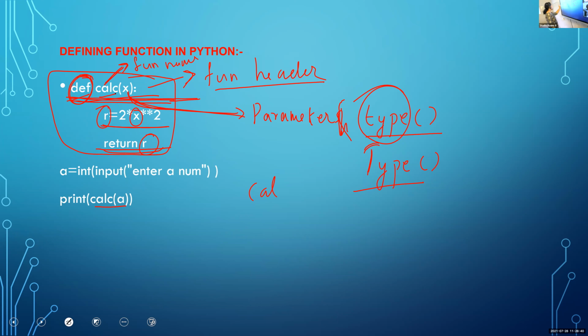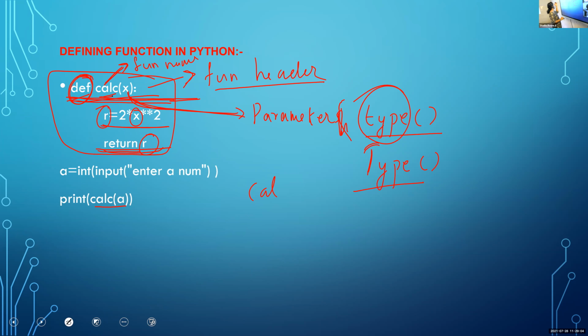And this return statement is also the same for all function definitions. So this is function definition. This is an example for user defined function. Here the user gives the definition for this calc function. So calc is a user defined function.